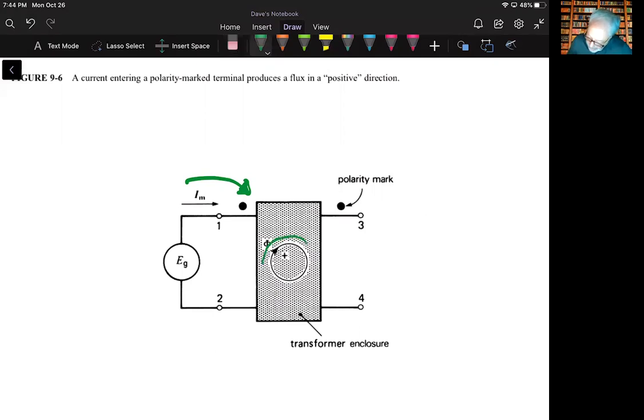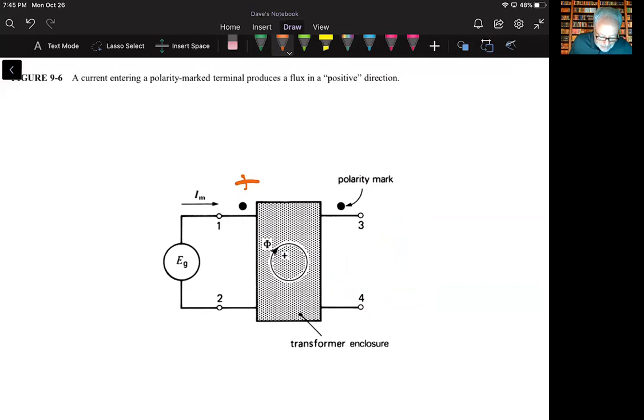And then if current were flowing out of a mark, say here, then think about there being another coil over here, it would produce a flux in the opposite direction, and they would be opposing each other, or what the electrical term calls a buck situation, where they're opposing.